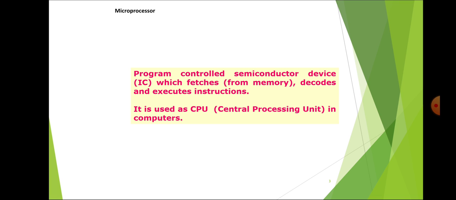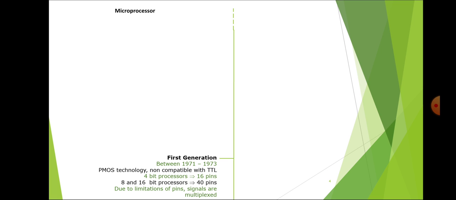So this is the program controlled semiconductor device which fetches the instructions, or we can say the data, from the memory. It decodes and executes. It is used as a CPU in a computer. So all these things happen in the CPU.